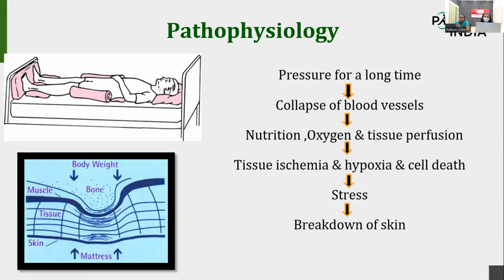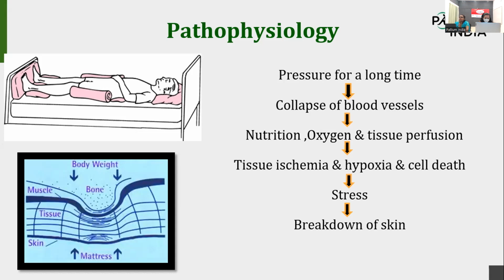Because of the body weight, the bone compresses against the hard mattress. At that time, the tissues may not get adequate blood supply, so they may not get adequate nutrition. If the tissues are not getting adequate nutrition, what happens? Tissue ischemia, stress and breakdown.